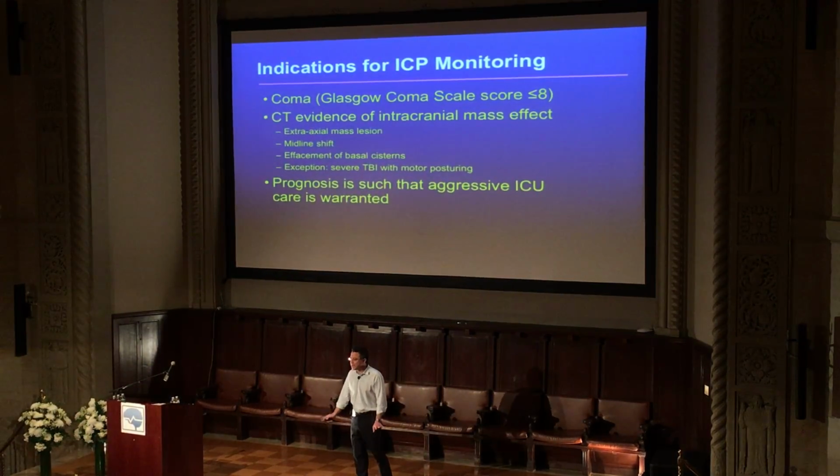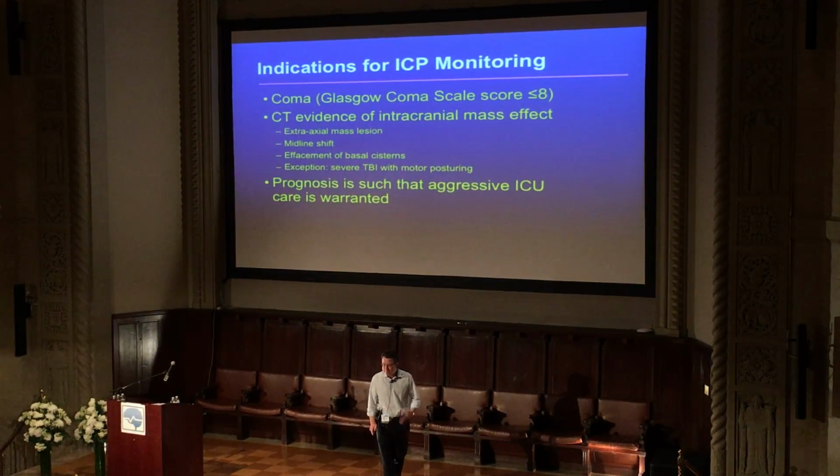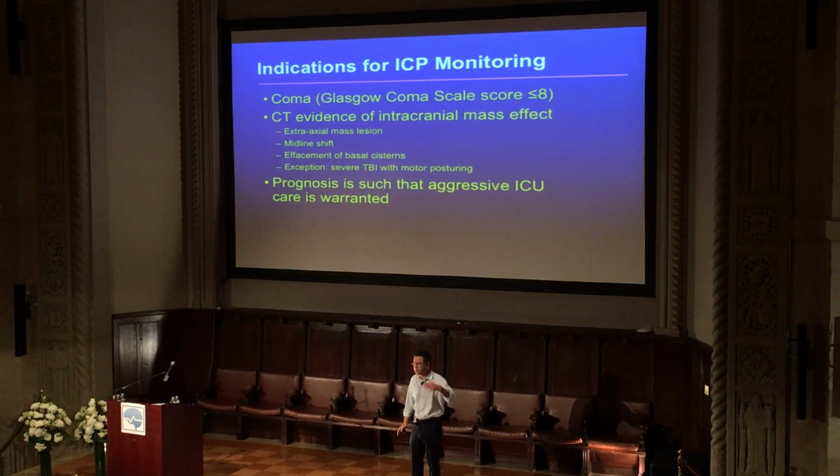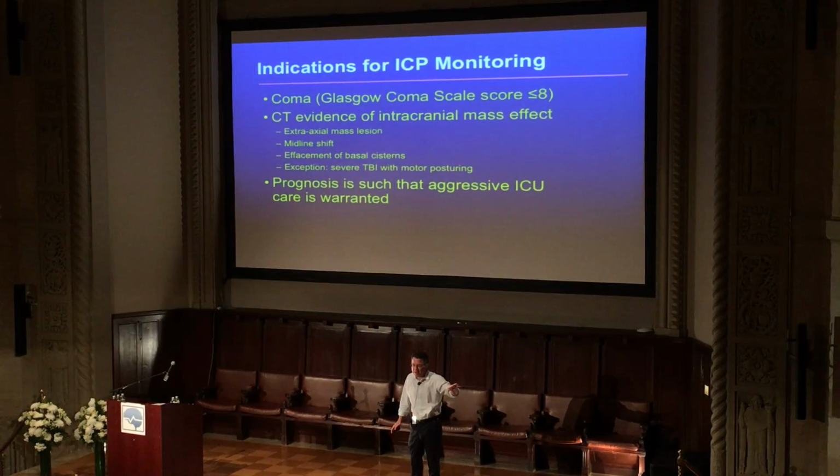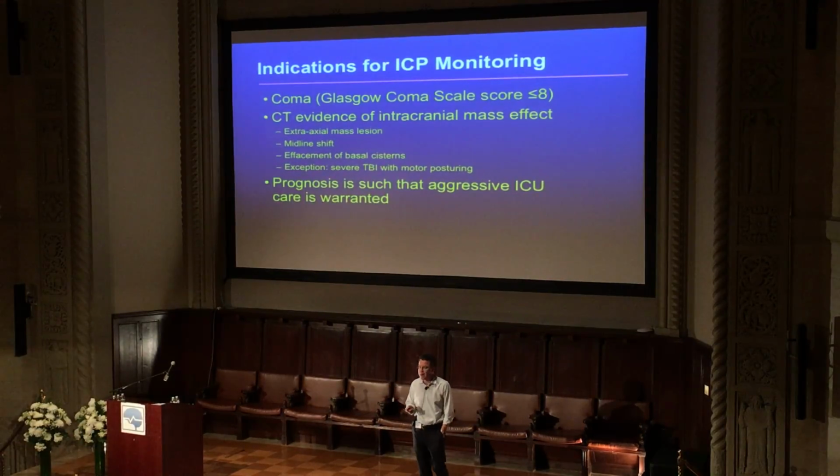Okay. Who needs an ICP monitor? My feeling, and again, because most of the guidelines are in trauma, but for me, irrespective of how you got into the coma, so it could be an ICH, it could be an SAH, a sinus thrombosis, some weird thing, Lord knows, fulminant hepatic failure. One, the patient's in a coma.